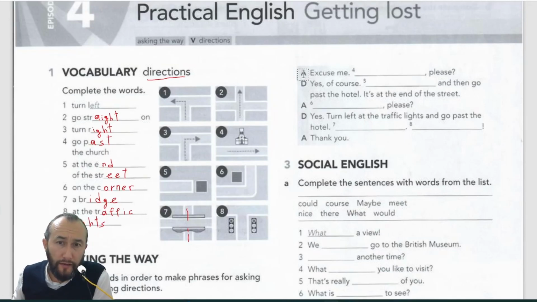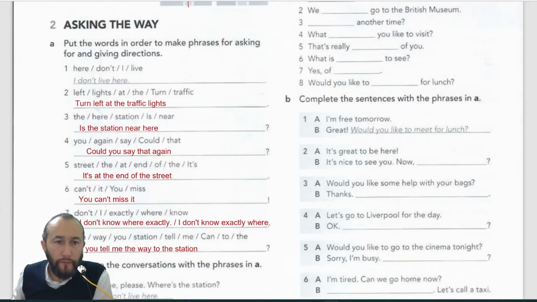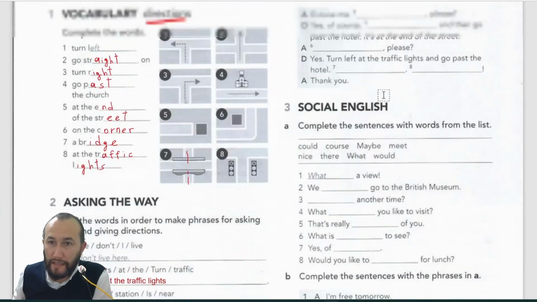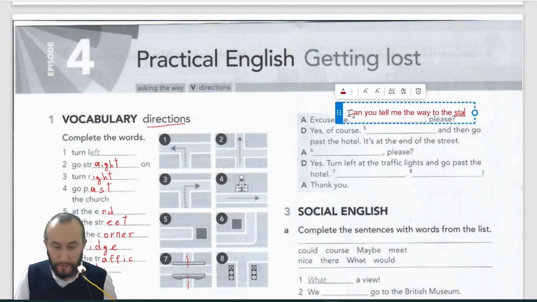Now A is asking another person, which is D. So excuse me, please. So we're going to use number 8. Can you tell me the way to the station, please? Okay, let's write it down.